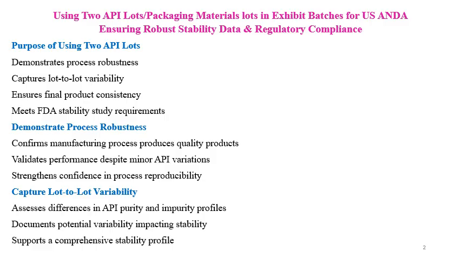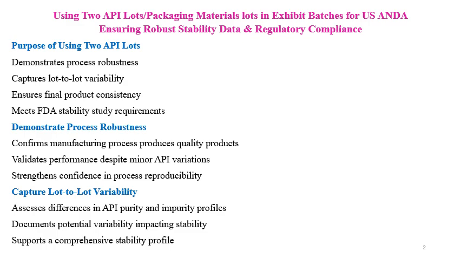So the purpose of using the two API lots is to demonstrate the process robustness and to capture the variability of the different lots of the API. Also to ensure the product consistency and to meet the US FDA requirements for the stability of exhibit batches for generic applications.